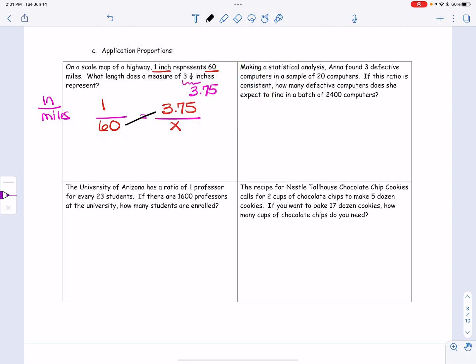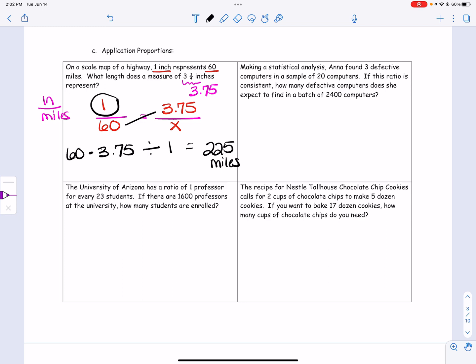I find the two numbers that are diagonal from each other, and I multiply. And then I divide always by the number diagonal from the x. And in this case, it's just 1. So 60 times 3.75 is 225 miles. Okay, and it's a good idea to always get in the habit of labeling your answer.